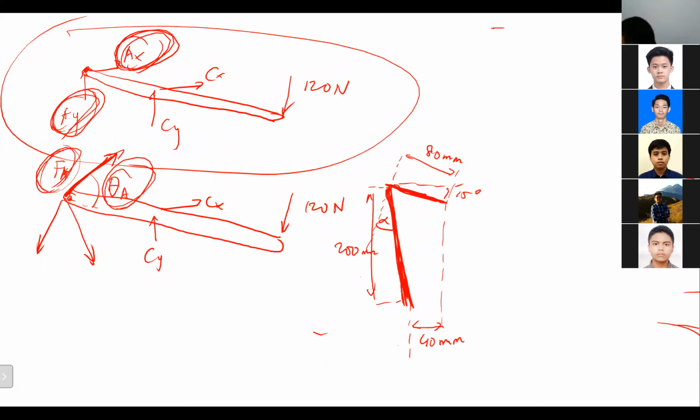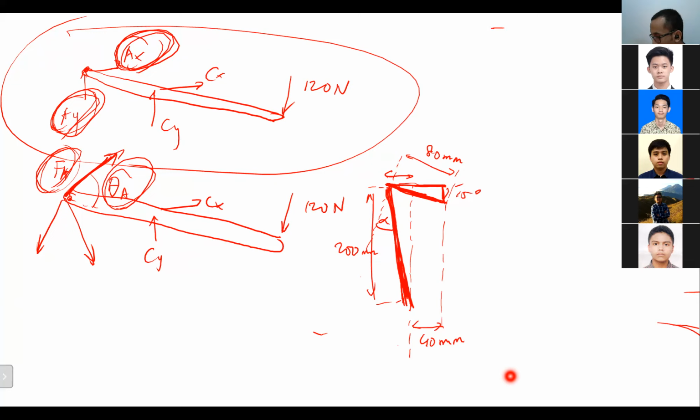So basically, this particular distance is cos 15 times 80, then minus 40. So this is what you will get. Cos 15 times 80 minus 40, then over 200. What will you get?